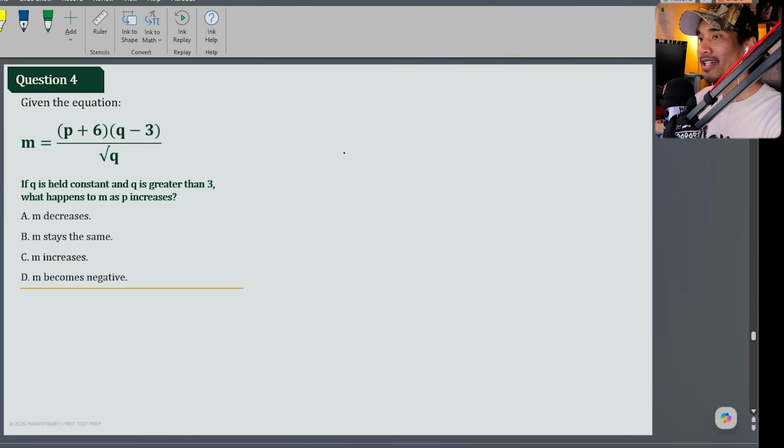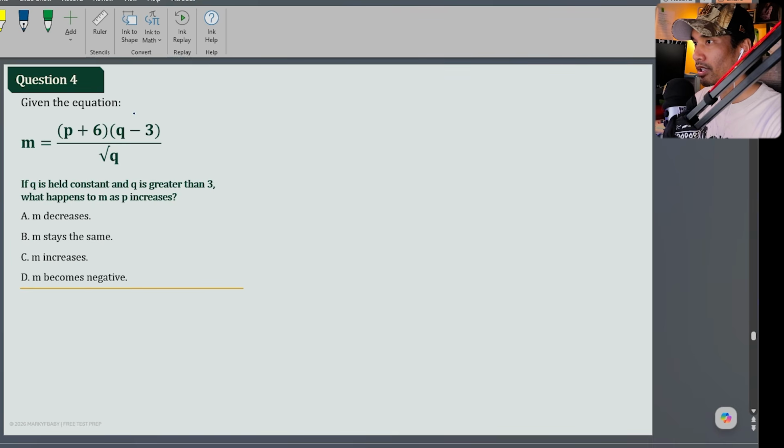Okay. Question number 4. Given the equation, m equals all this, okay, and we have here, if q is held constant and q is greater than 3, what happens to m as p increases? Now, the equation is already written in a way that I want it to be written because m is isolated, and we want to know what happens to m as we increase p.